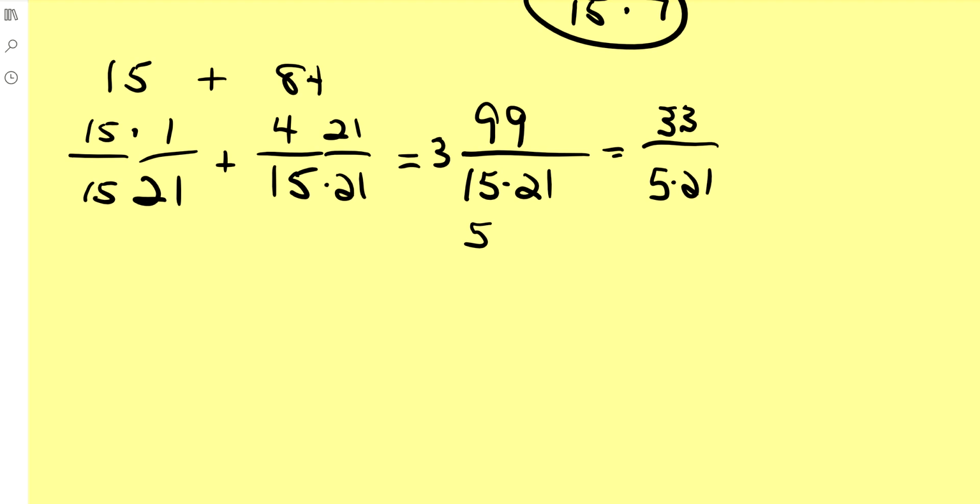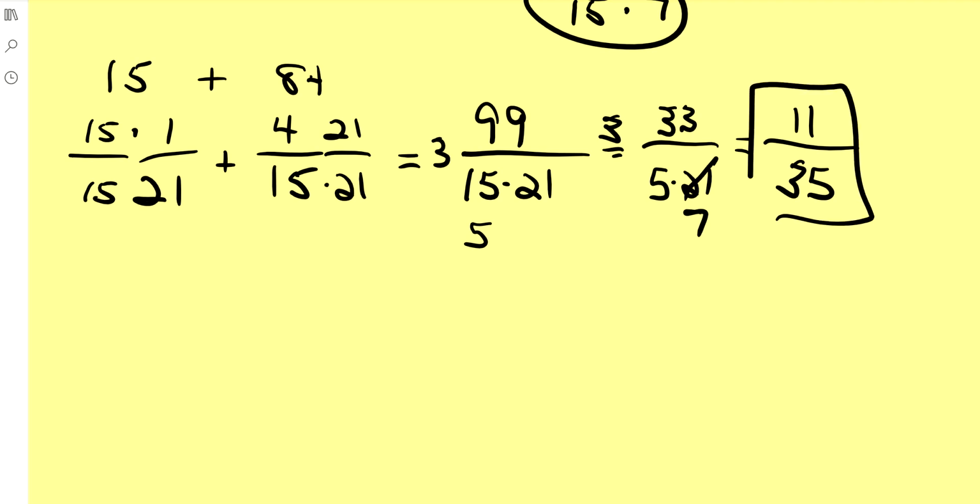I'm not done yet. All right, then I further break down this 33 over 5 times 21, and then I could say, well, 3 goes into 33 now 11 times, and 3 goes into 21 7 times. And 5 times 7 is 35. And now you can see I can't break that down any further, so this problem is done.